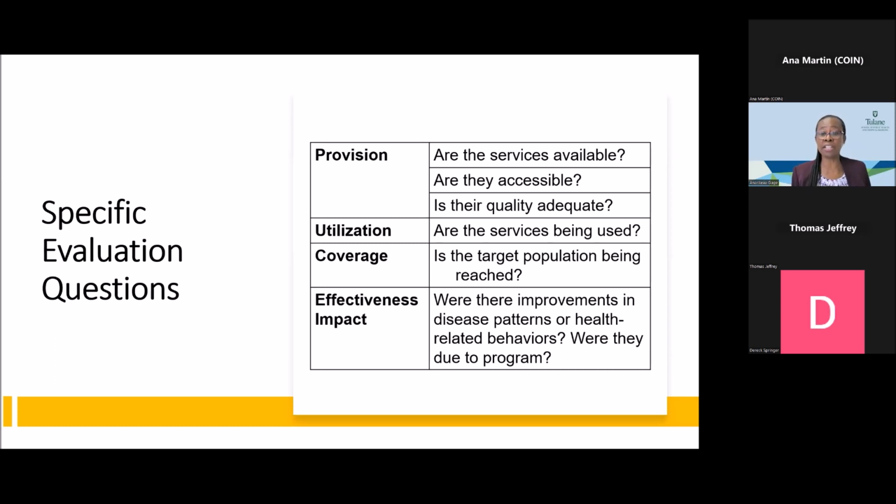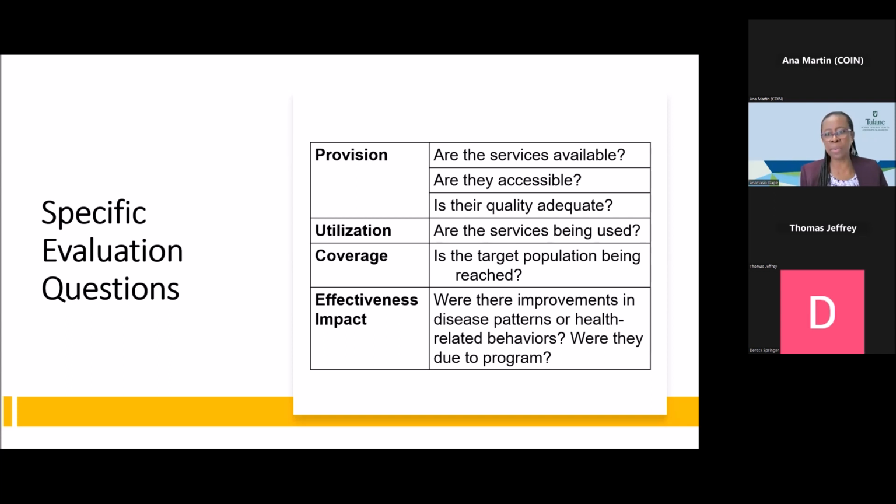For coverage, they may want to know, is the target population being reached? And for effectiveness and impact, were there improvements in disease patterns or health-related behavior? Knowledge, attitudes, and practices sometimes are included in these outcomes. And were they due to the program?